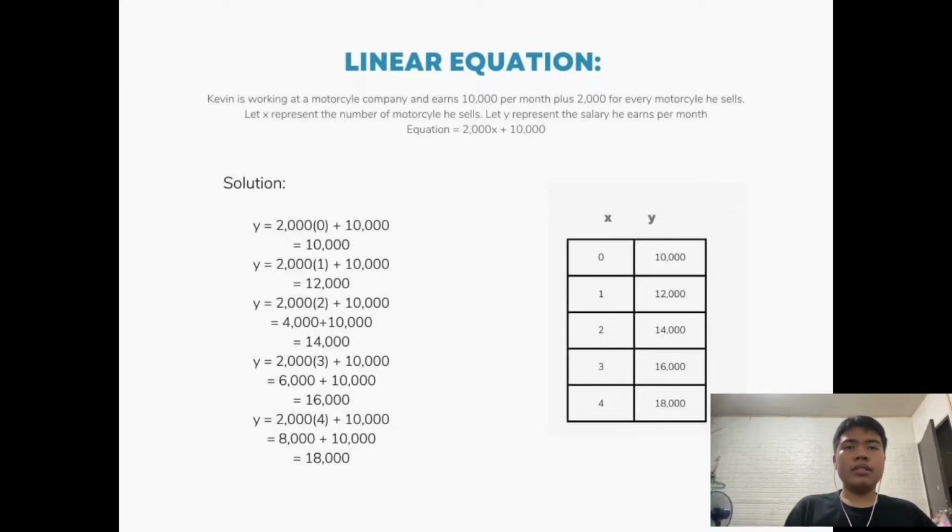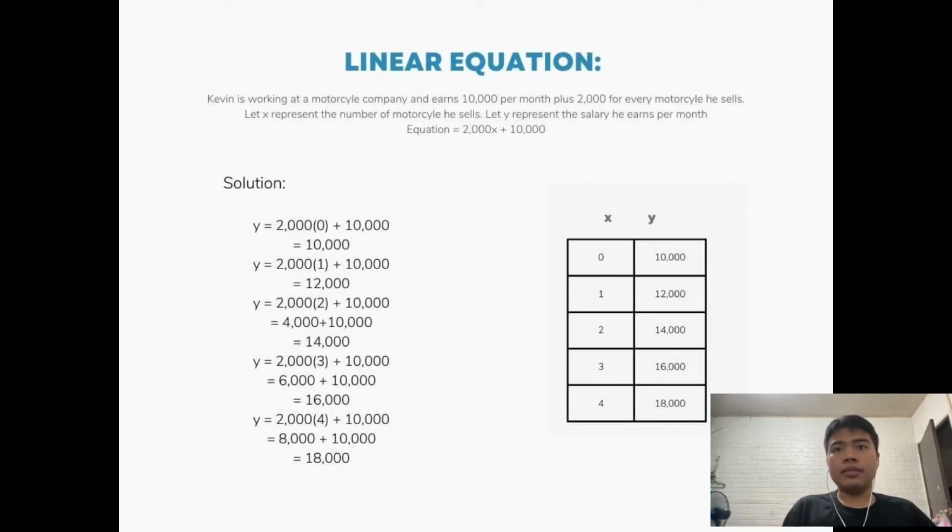As you can see, I made a table with X on the left side and Y on the right side. I started by putting numbers that Kevin can sell, from 0 to 4, and the constant is 10,000.